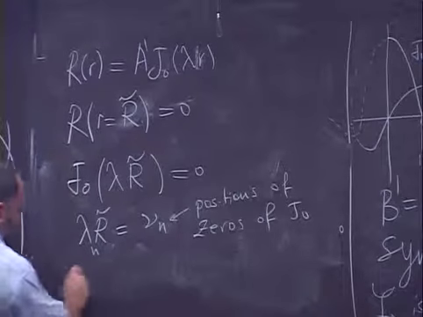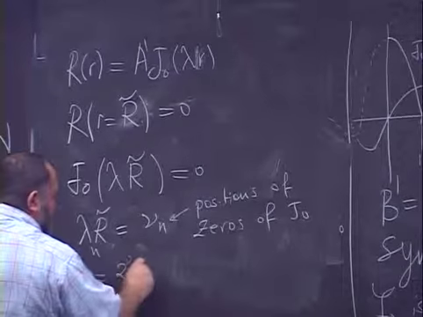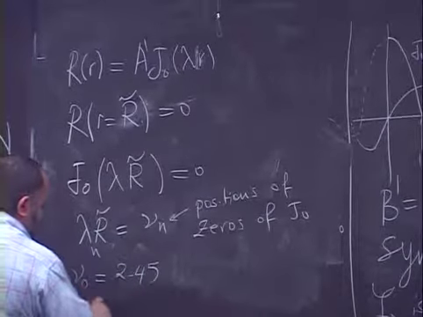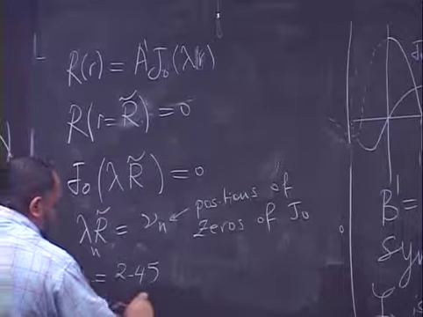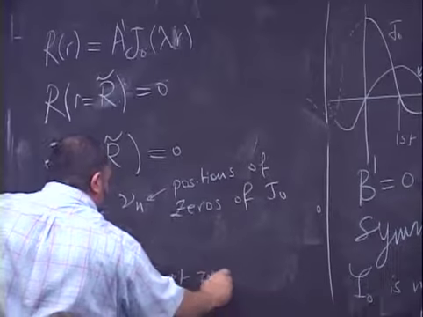So nu 0 is the position of the first zero, which is at 2.45.